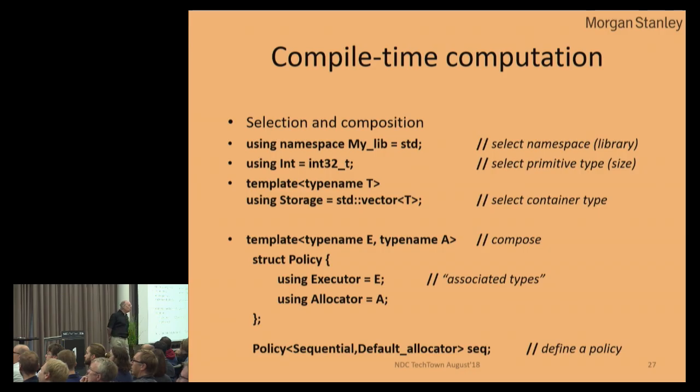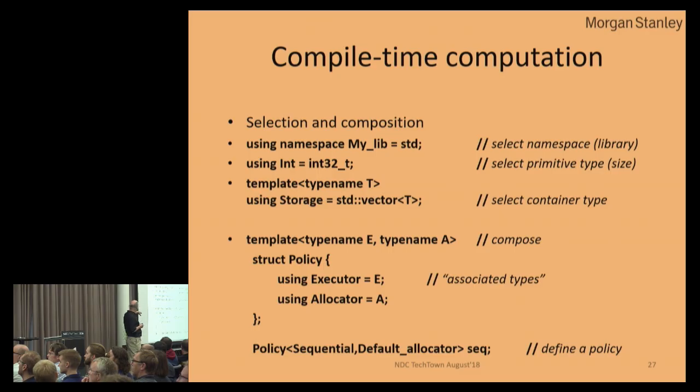The other thing we do at compile time a lot is we select names, like I'm choosing a library there so I can switch from one library to another. I'm providing simplified names. There the storage is a vector of T. That's the storage I use for Ts.